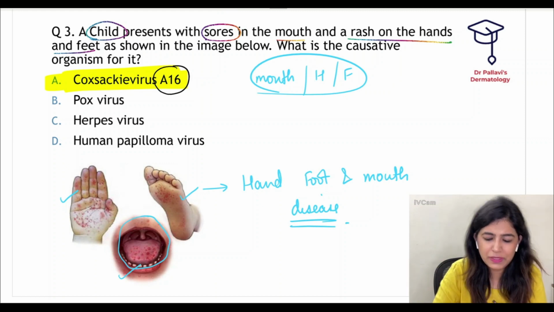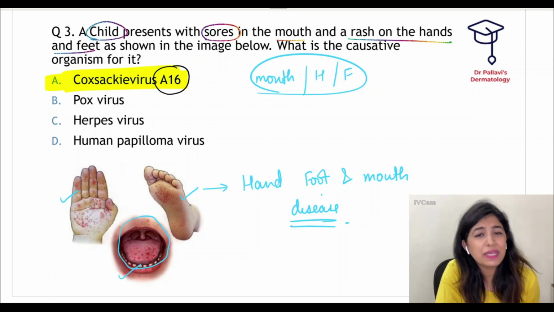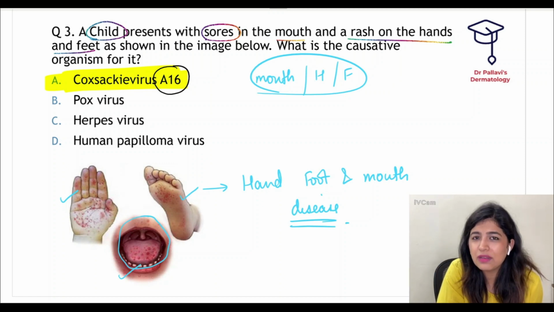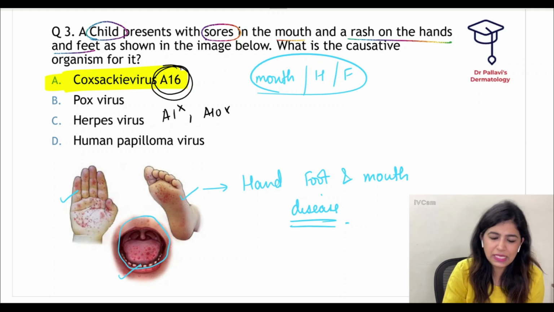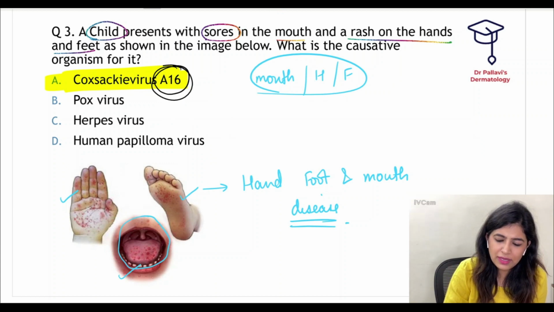Remember the subtype A16. There are other subtypes like A1 to A10. They cause another disease which is called herpangina. So in this option, had you had some other subtype like this, that would not have been the answer. The answer is A16. Clear to you? What are the other options?